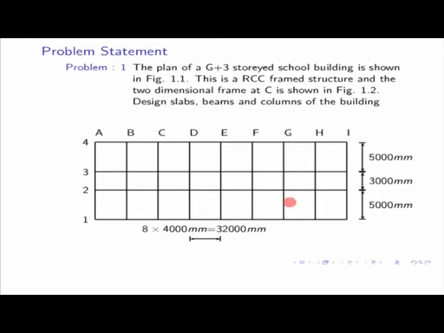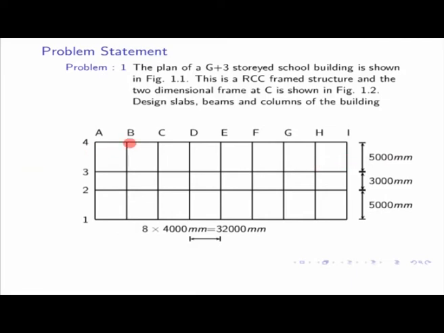Now, one way I can do it: obviously this is the end frame, this is one type of frame, and there is another, the intermediate frame. This frame to this frame are all of similar type, whereas this frame and this frame are another type.